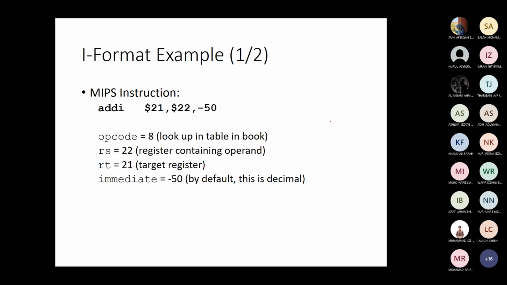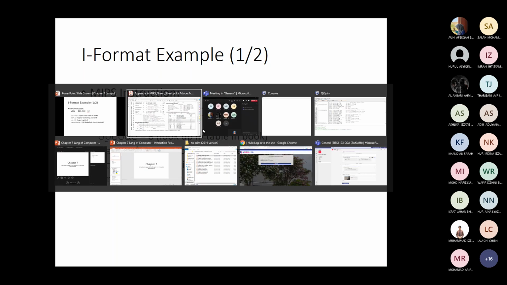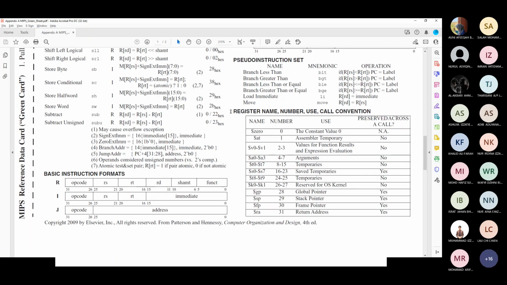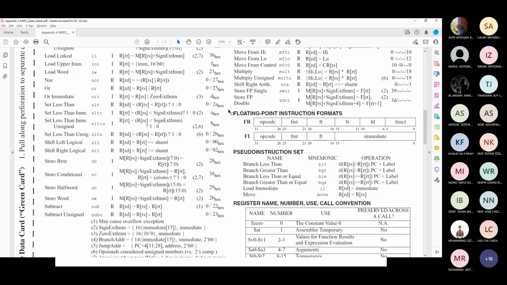Right, so let's decode. First, let's look at the command: ADDI, register 21, register 22, and then minus 50. Remember, when you use an I format like ADDI, the number can be positive or negative, so you must retain the sign bit. Look back at the green sheet. What is the ADDI format?